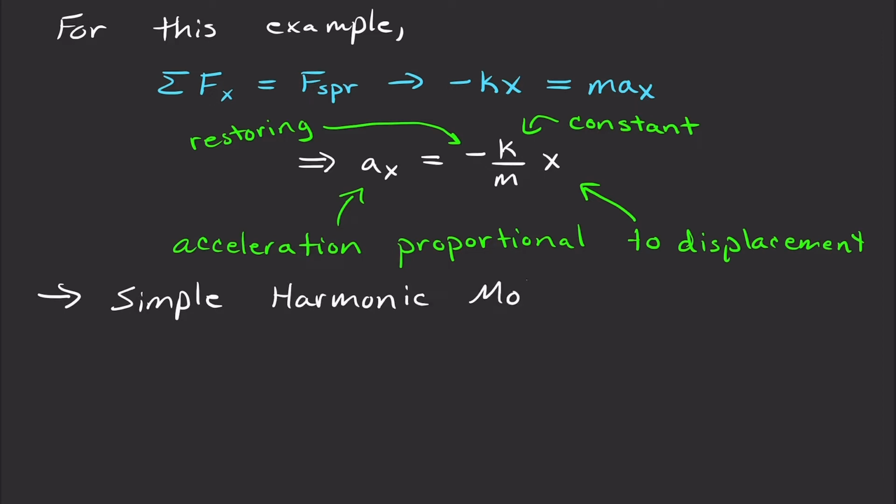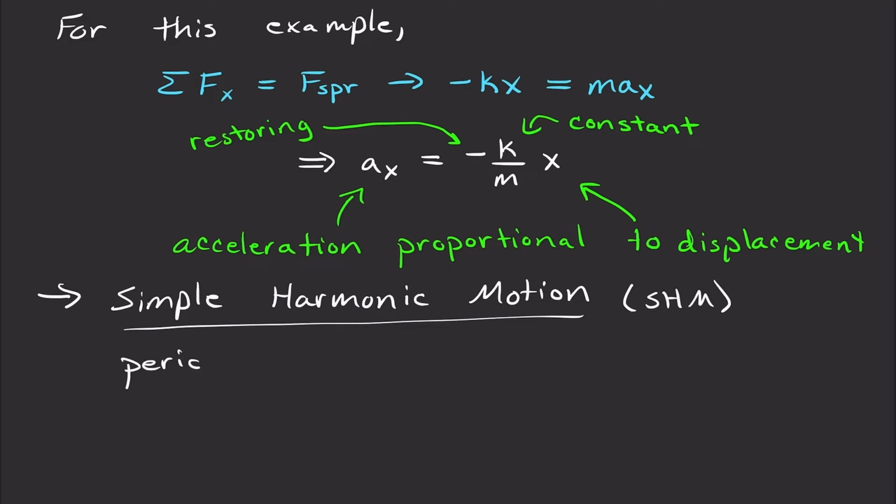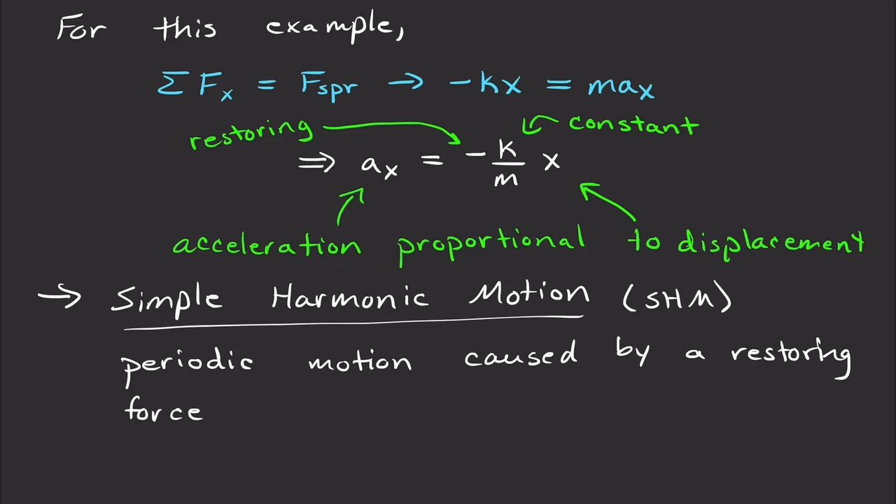Okay, so you could have motion that is repetitive, that's periodic, but is not proportional to the displacement. So it's not linearly proportional to the displacement. So we'll abbreviate that SHM. And this, just as a definition, will be periodic motion caused by a restoring force and is directly proportional to the displacement.